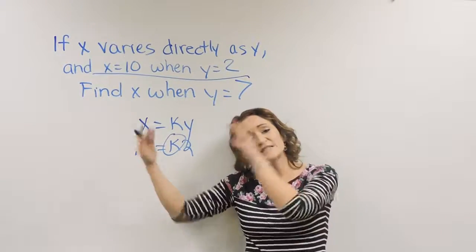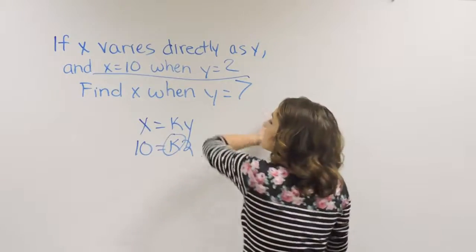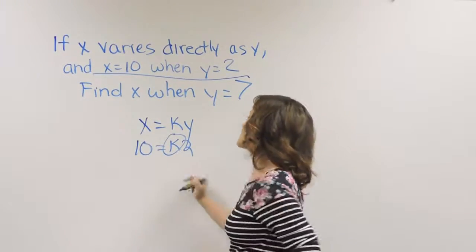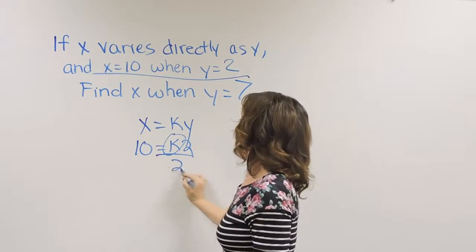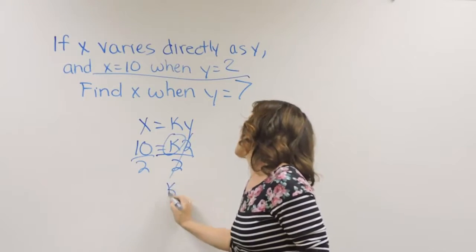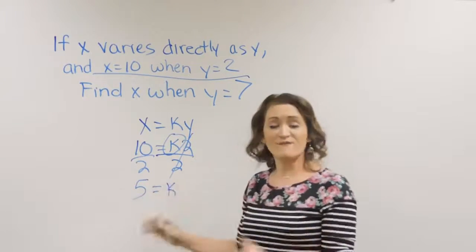That way we can then take that K and use it to figure out our other situation. So if X is 10 and Y is 2, in order to solve for K, all we have to do is divide by 2 on both sides, and we get that K is equal to 5.